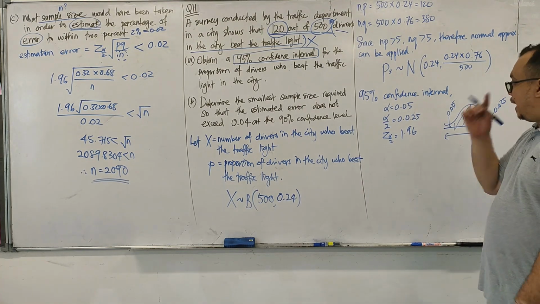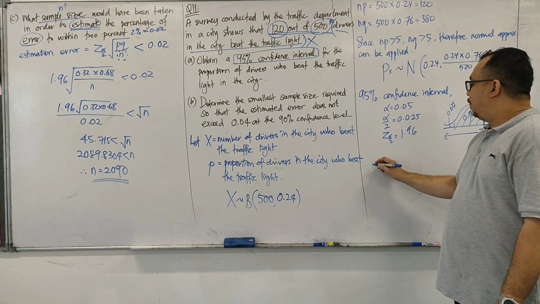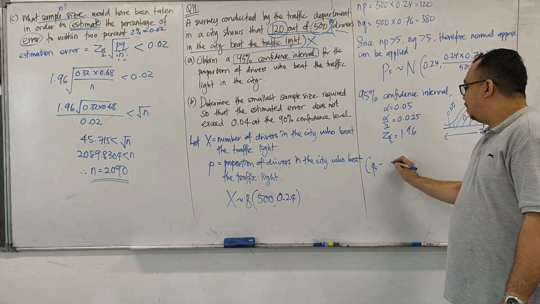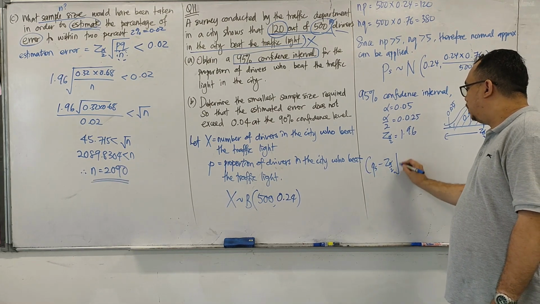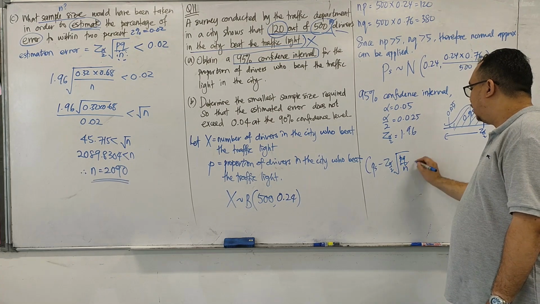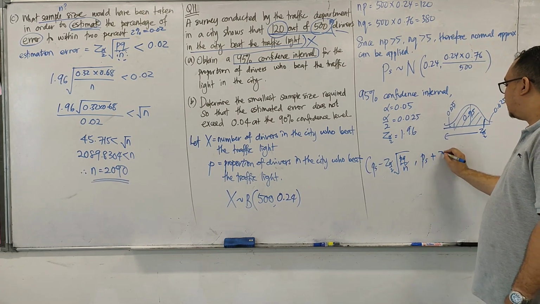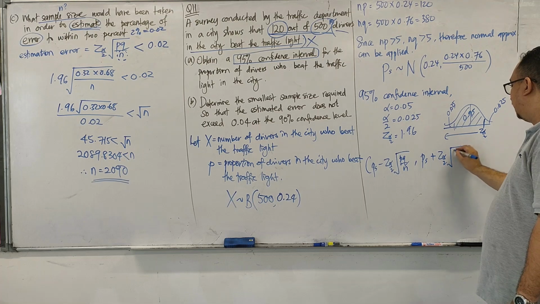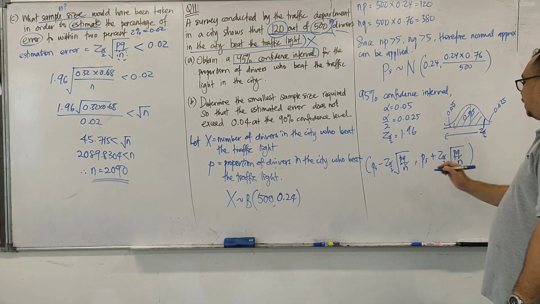Okay, so now kita tulis formula: P-hat minus z alpha over 2 square root PQ over n, P-hat plus z alpha over 2 square root PQ over n.